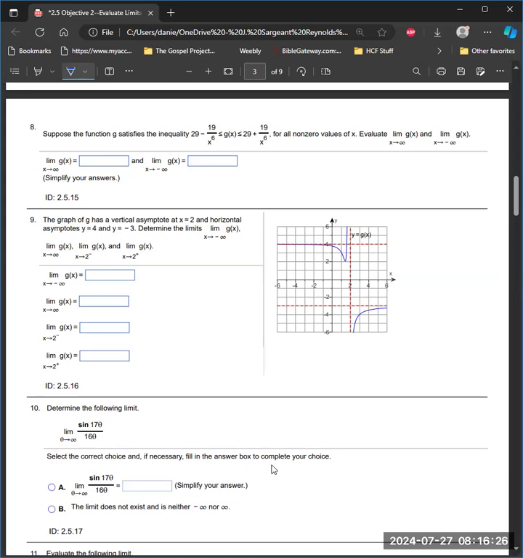In both cases, the limit is going to be 29 by the squeeze theorem. If I take the limit of all three pieces, this is going to squeeze down to be between 29 in both cases.